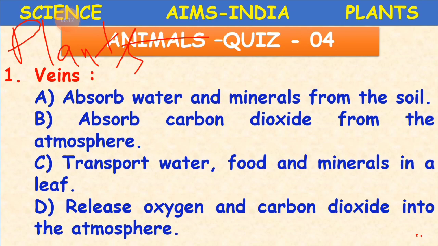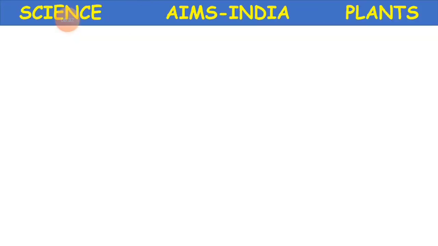Which one is the correct option? Any guesses children? What do veins do? Yes, the correct answer is transport water, food and minerals in a leaf. It is going to transfer the water, food and minerals in a leaf. Clear? Okay. So the next question here.